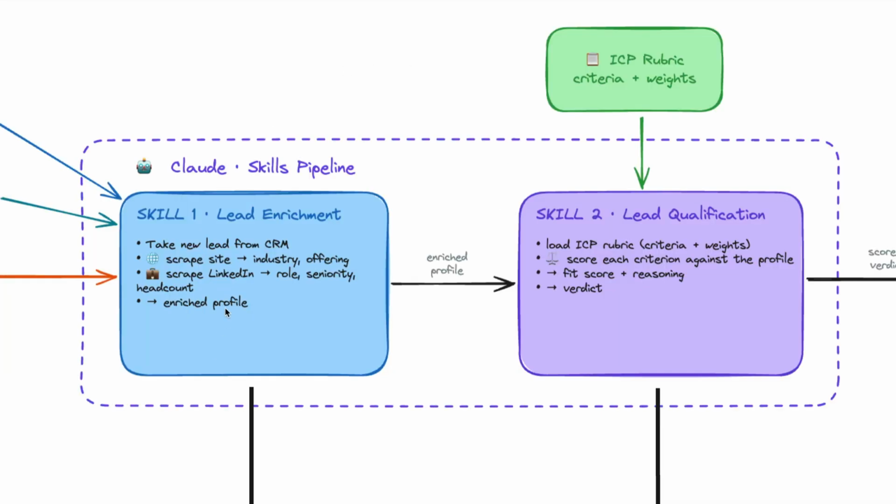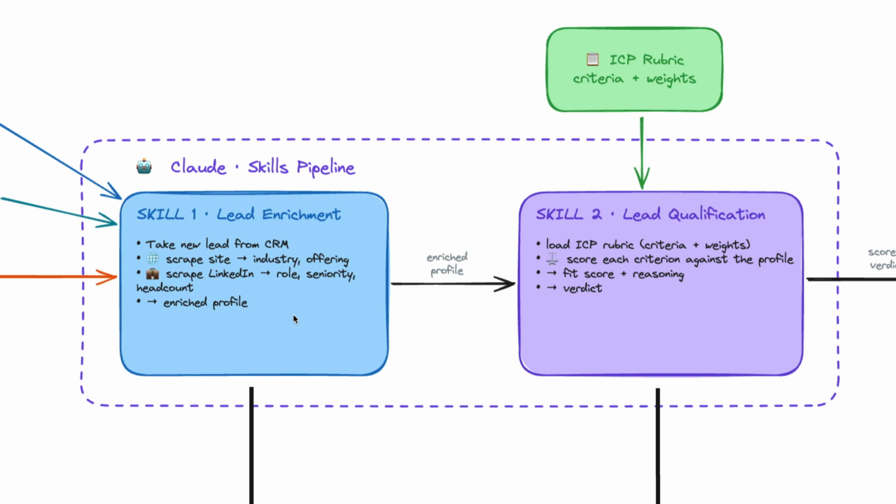Now here we have two skills, a lead enrichment skill and a lead qualification skill. And you might be asking right now, well, this is about automating lead qualification. Why do we need to have a lead enrichment skill? My answer to that is the way I think about a lead is a record in my CRM that has some basic information about a person. So their name, their email address, their phone number, and their website.